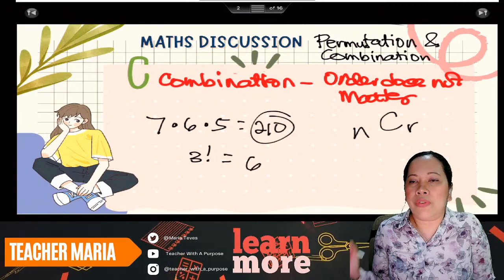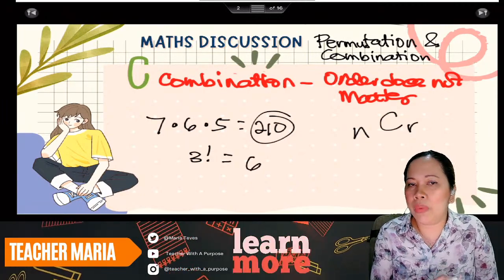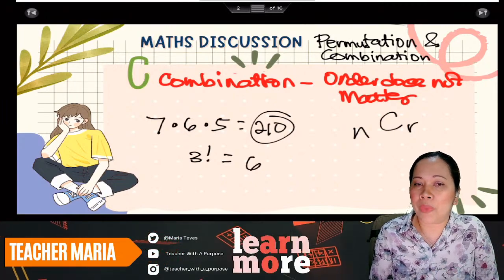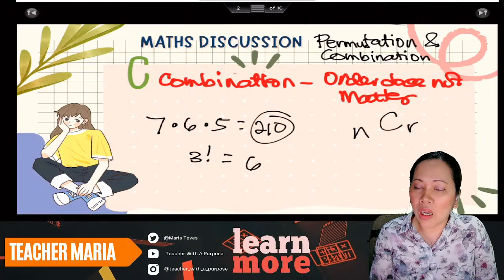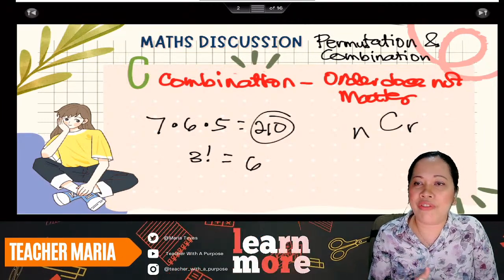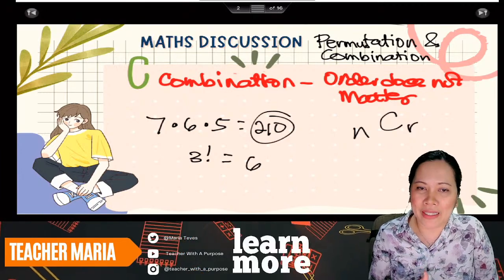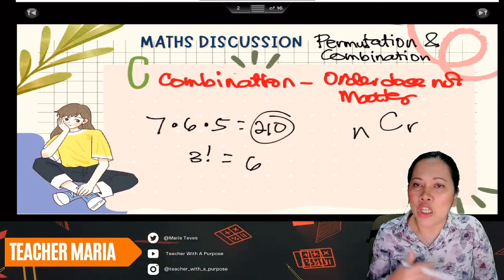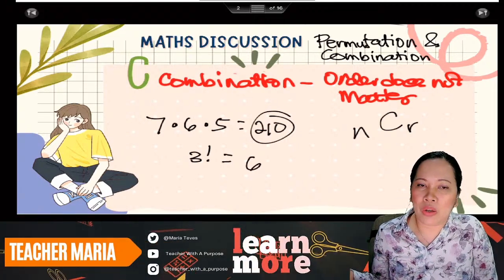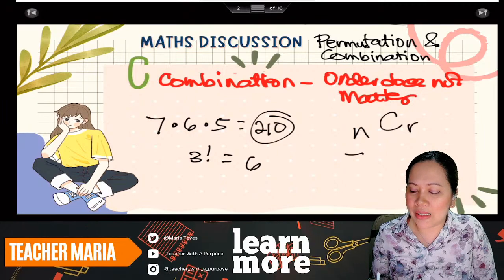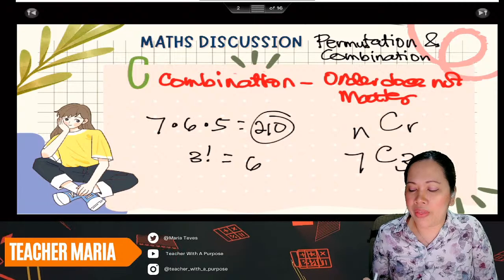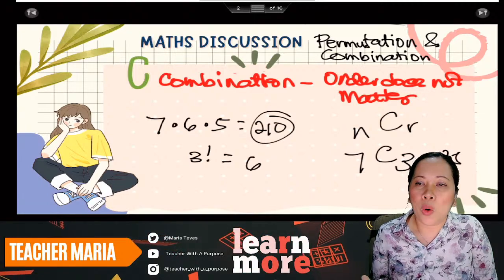For the number of distinct combinations of 3 professors, we use NCR, because when we say C, or combination, that means that three objects are chosen from a set of seven. So you take three out of your seven, and that will be your combination. So 7C3 will be 35 ways.